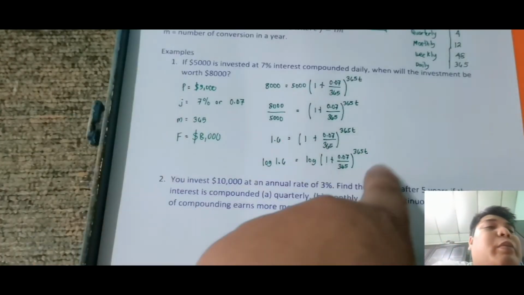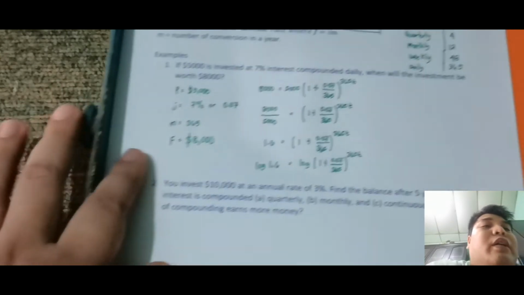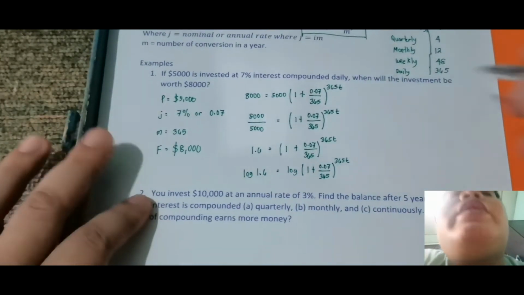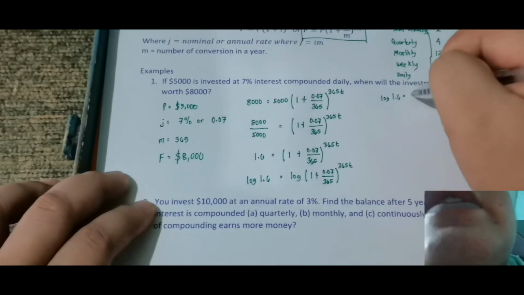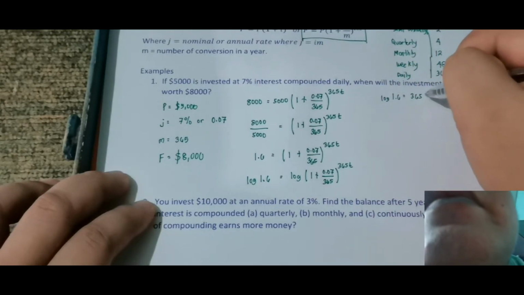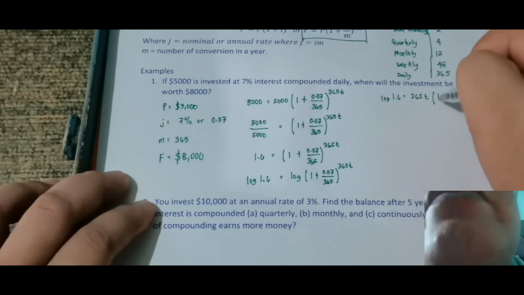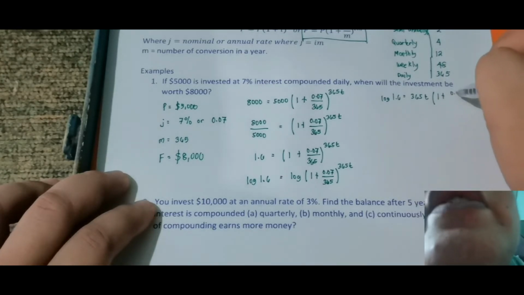And then aware tayo na bababa yun doon sa ilalim niya, kasi siya ay rule. So this is just logarithm of 1.6 is equals to 365t, then times logarithm of 1 plus 0.07 all over 365.